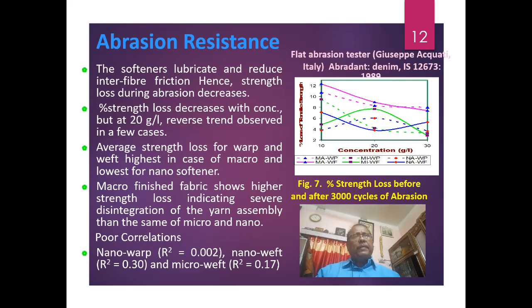Macro finished fabric shows higher strength loss, indicating severe disintegration of the yarn assembly compared to micro and nano. Poor correlation was observed in a few cases like nano warp, nano weft and micro weft. Figure 7 shows strength loss before and after 3000 cycles of abrasion.